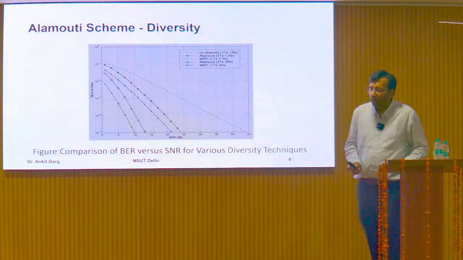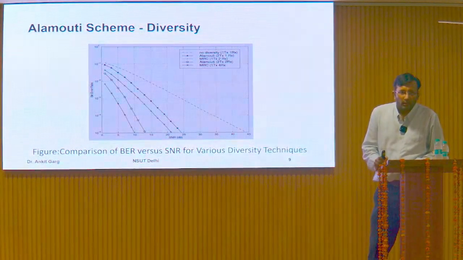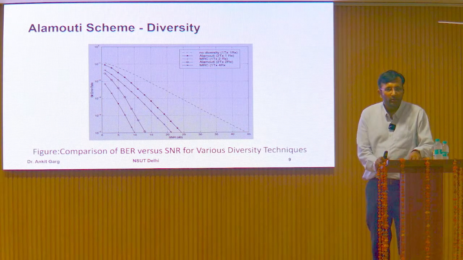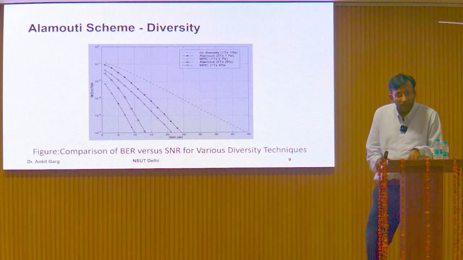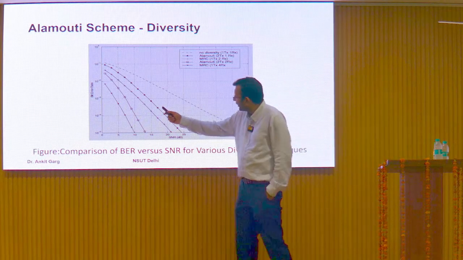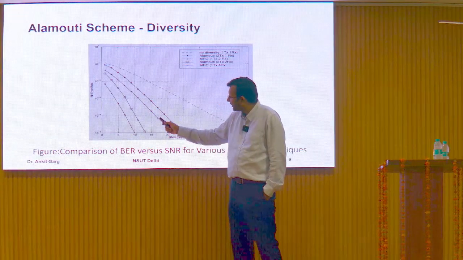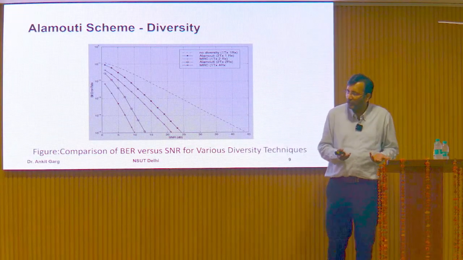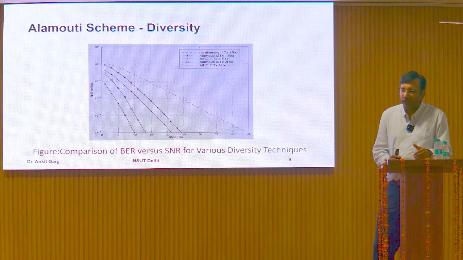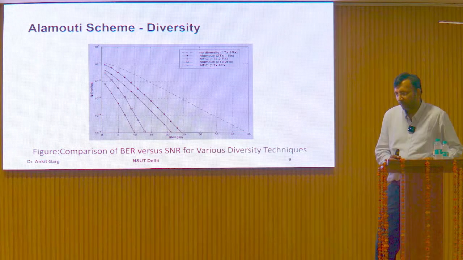Because in Alamouti we are going to transmit signals in 2 time frames, which needs more power. To achieve the same bit error rate, we need to transmit more power in the Alamouti case. That's why we are having a gap here. Whereas in MRC, where we have channel state information available, we need lower power to achieve the same bit error rate. Fine.